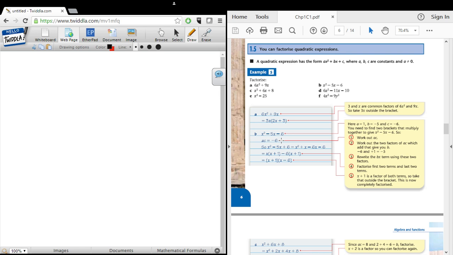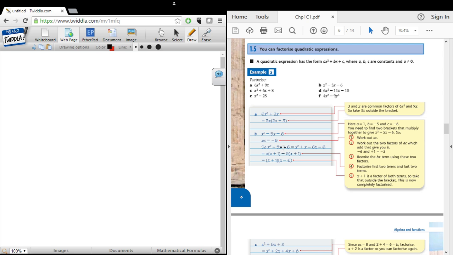You could have said 2 and 3, but obviously in terms of the signs, having minus 2, minus 3 and going through all the different combinations, you'll come to realize that doesn't work. So you realize that minus 6 and plus 1 work.